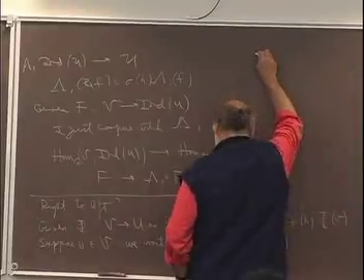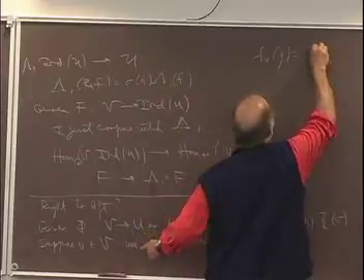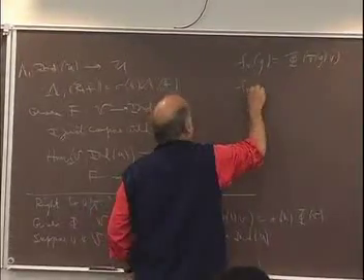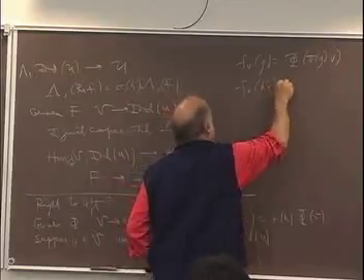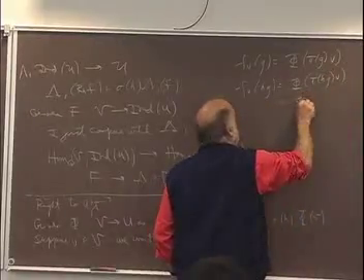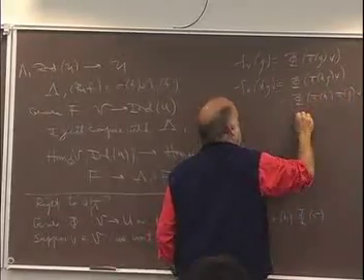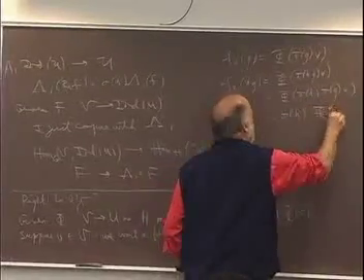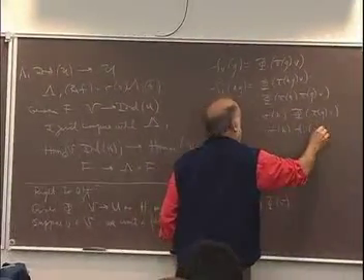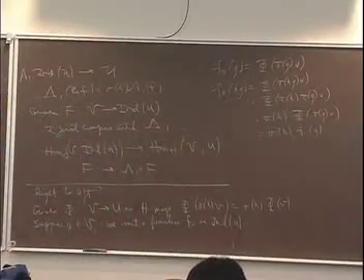And the way to get that is I define f of V of G to be equal to phi of pi of G V. And then I can check f of V Hg equals phi of pi of H G V equals phi of pi H pi G V equals sigma H phi of pi G V equals sigma H f V of G. Okay.